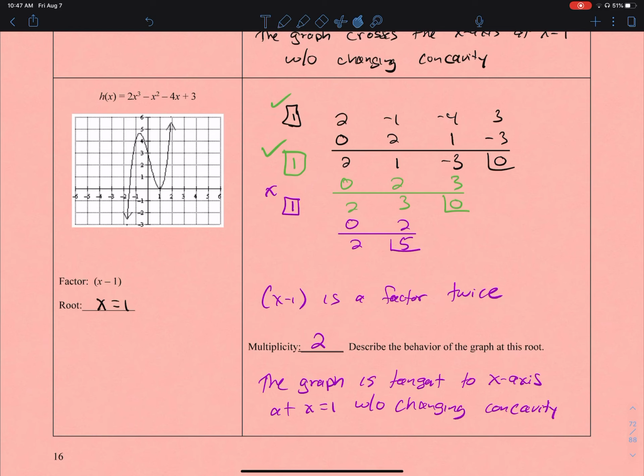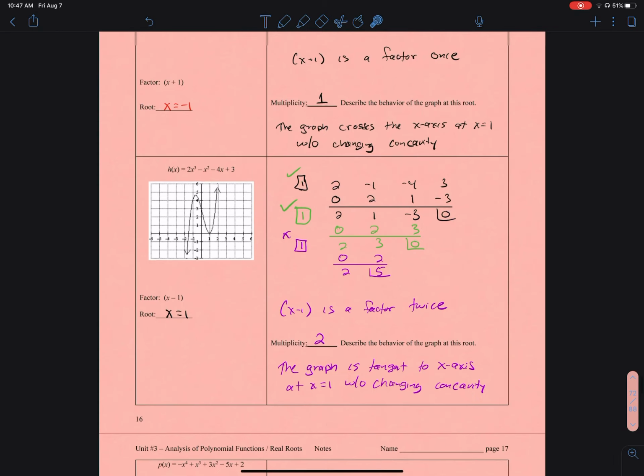Not 100% sure if we even need to say this, because if it's tangent, it's not going to change concavity. I mean, it's possible theoretically, but not with anything that we're doing.